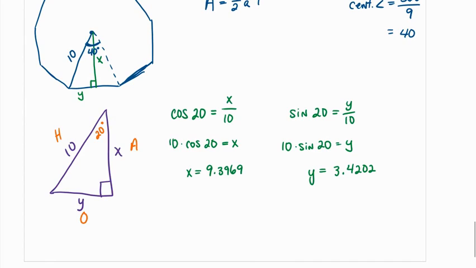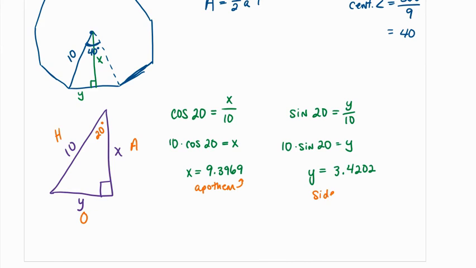So when we do our area, we need apothem and perimeter, right? X is our apothem. We've got that part. We're all set. This is our apothem. We need a side length, though, right? We said y down here is actually half the side length of our nonagon, right?